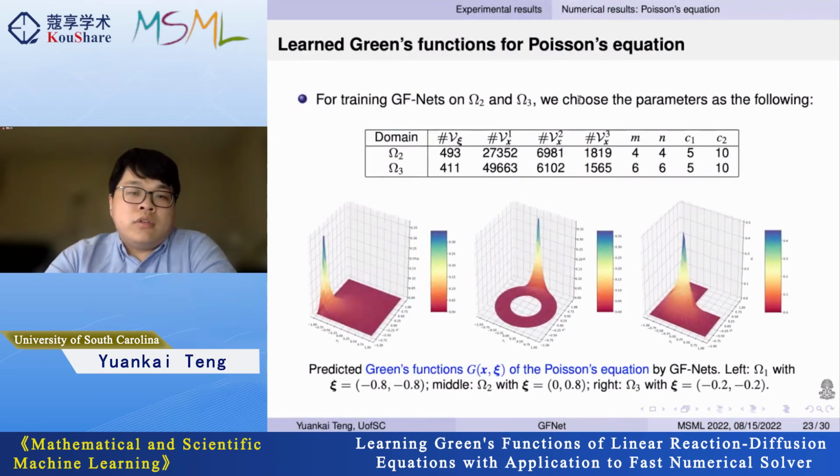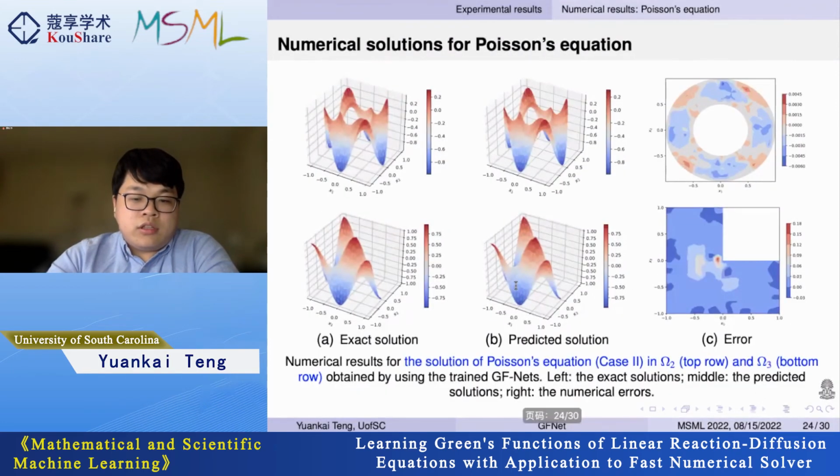And then we would like to share some results of our learned Green's functions for Poisson's equation on 3 different domains. So here we show you the training parameters for the other 2 domains, and at the bottom is our predicted Green's function on the 3 different domains. And also we would like to share the results of our Poisson's equation.